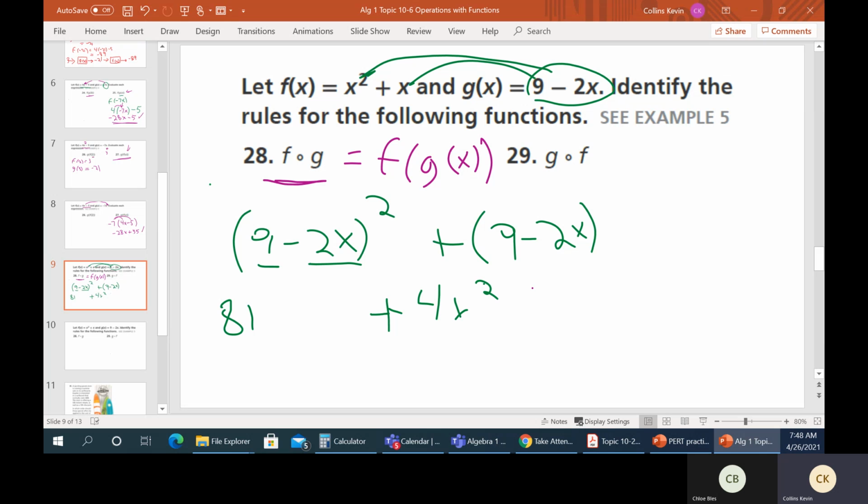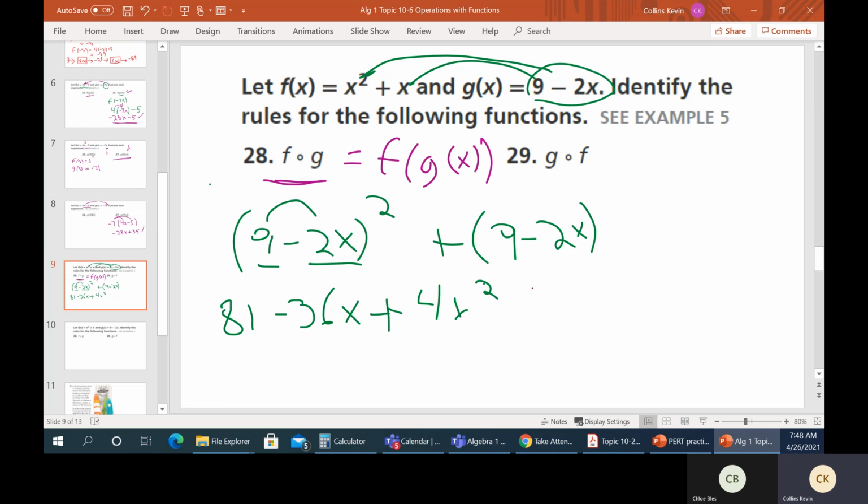The way we figure out the middle guy is you multiply 9 times negative 2. That's negative 18, right? But that's going to happen twice when you FOIL. So we're going to take negative 18 and multiply that by 2. So it's going to be negative 36 and then x.